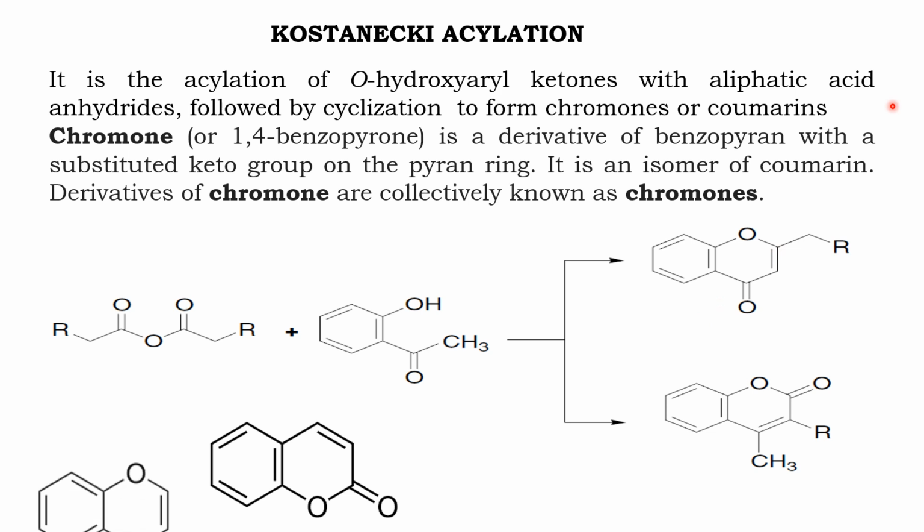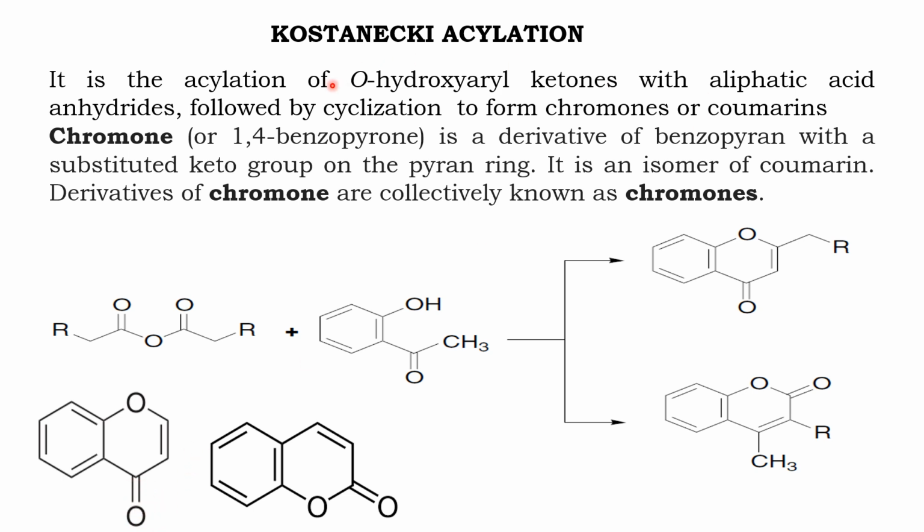See here, this is coumarin and this is chromone. Coumarin and chromone differ only in the position of the C double bond O. In coumarin, it is at the first position, the alpha position. Here it is in the opposite position. So basically these two are derivatives of benzopyran, but the ketonic group is at different positions.